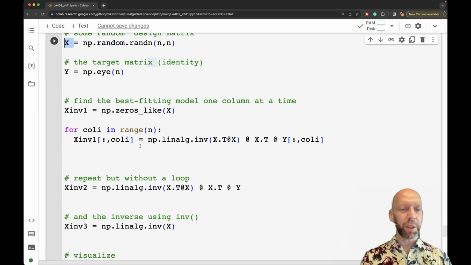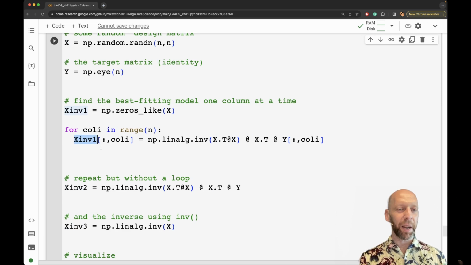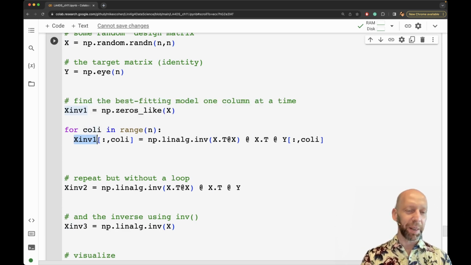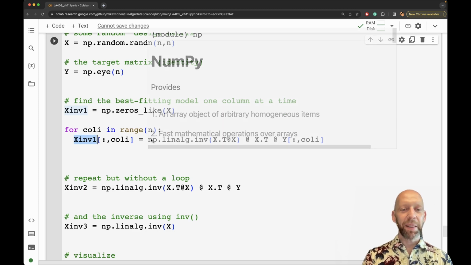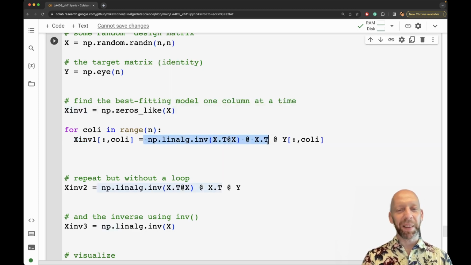Okay, so here I show method 1. Here I'm looping over the columns, and I populate the inverse of this matrix, which in the text that I just showed, I called matrix B. Here I'm calling it xinv, because that's really what it is. It's the inverse. And then here's this funny thing where I'm using the left inverse of the matrix to get the inverse of the matrix.